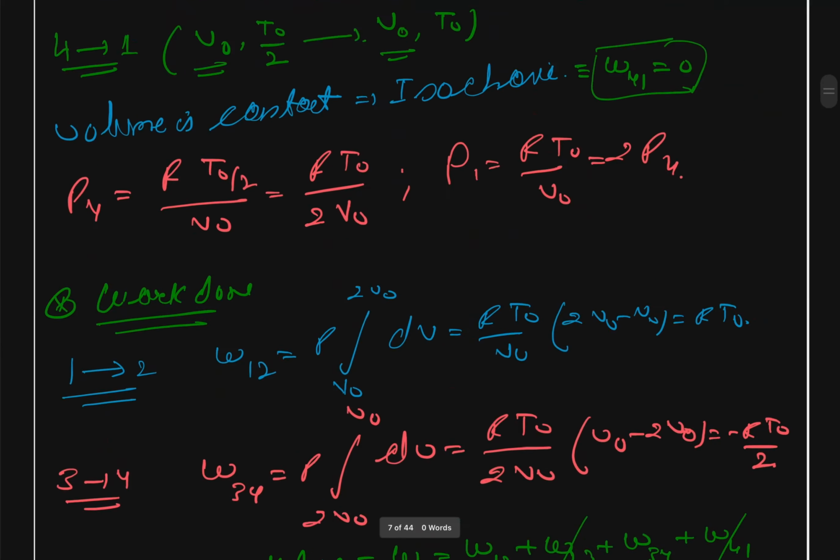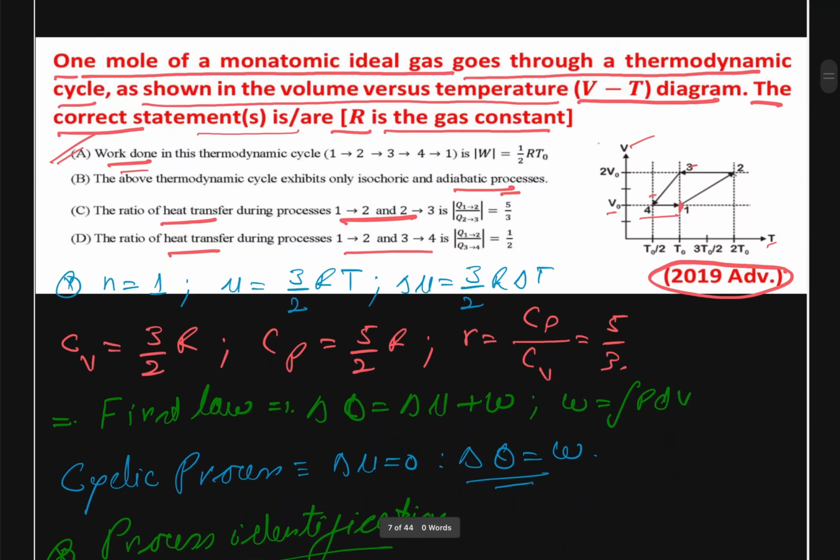It means option A is correct. And B states that the above thermodynamic cycle exhibits only isochoric and adiabatic processes, but we found out that there is no adiabatic process.